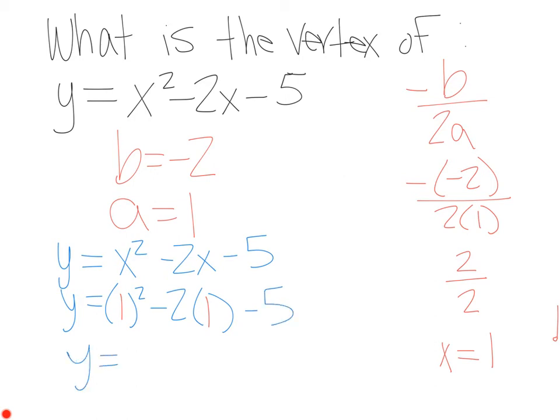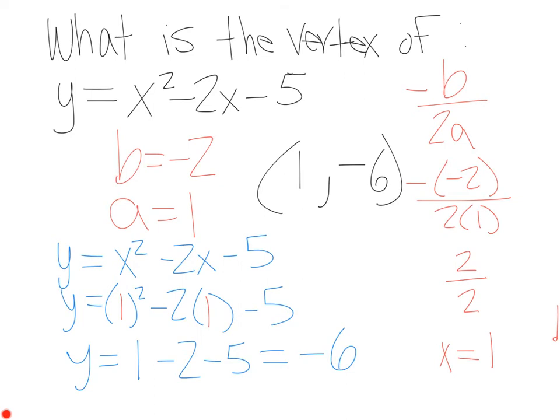And that ends up giving me 1 minus 2 minus 5, which is equal to... 1 minus 2 is negative 1, minus 5 is... oh, sorry, negative 6. And so my coordinates are 1, comma, negative 6.